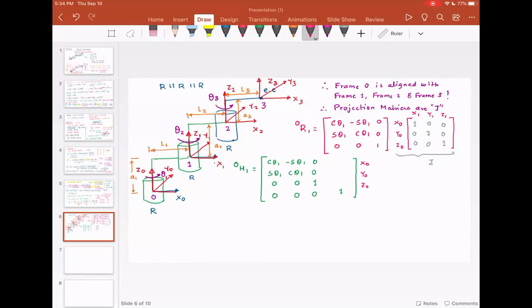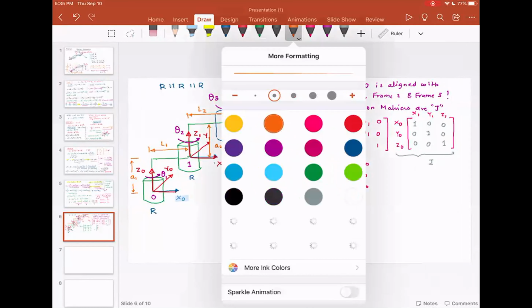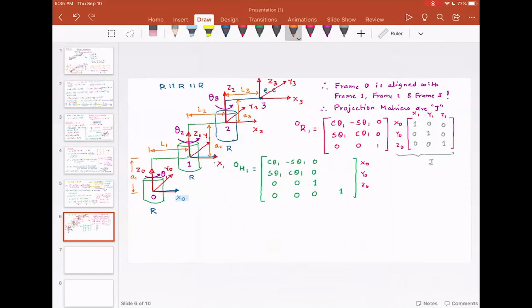Note x0 is this, and the distance along x0 and distance along y0 have to be valid for all the values of theta. So this is going to be L1 cosine theta 1, L1 sine theta 1, and the distance about z is going to be A1. Are you with me so far?